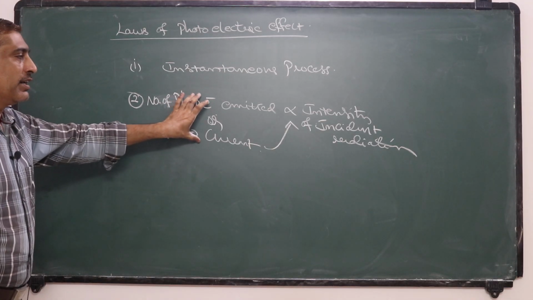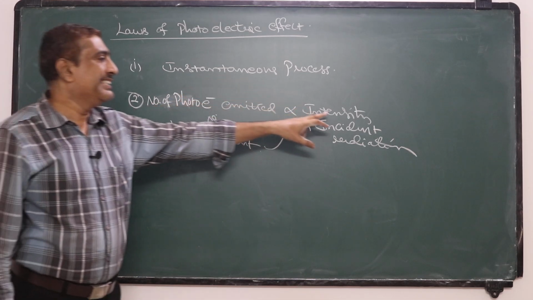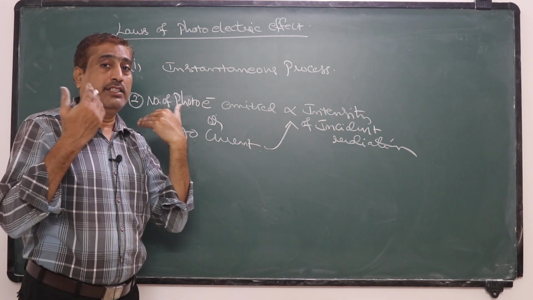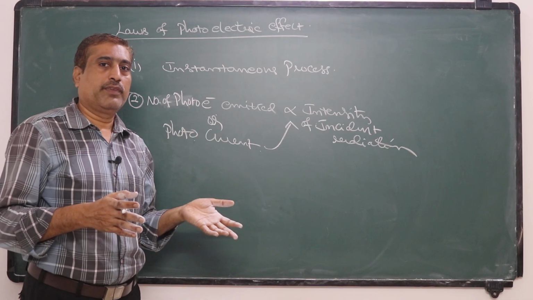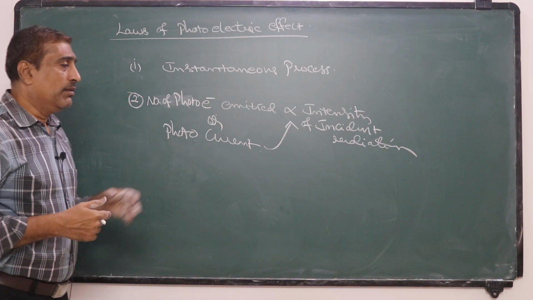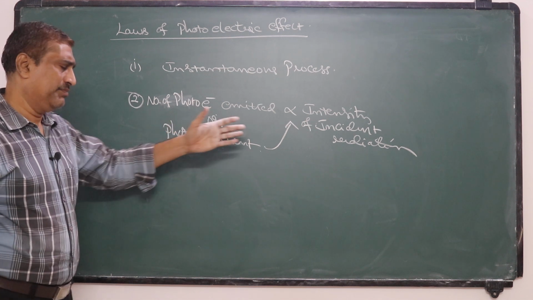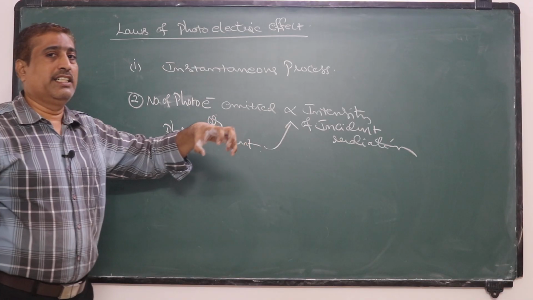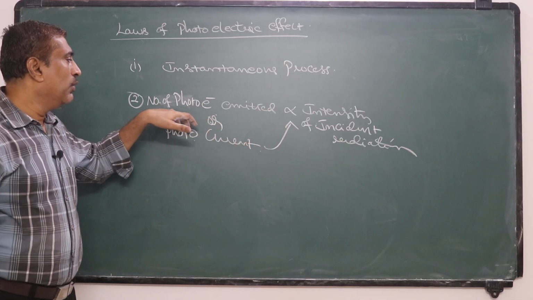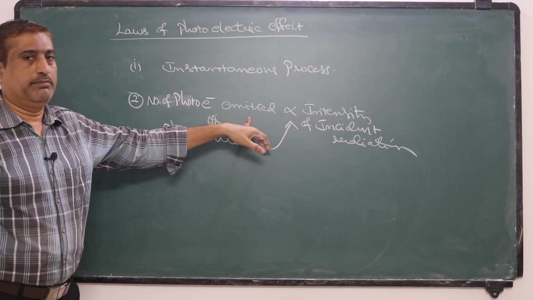Why are more electrons emitted? If intensity increases, light energy increases, so more electrons are emitted.